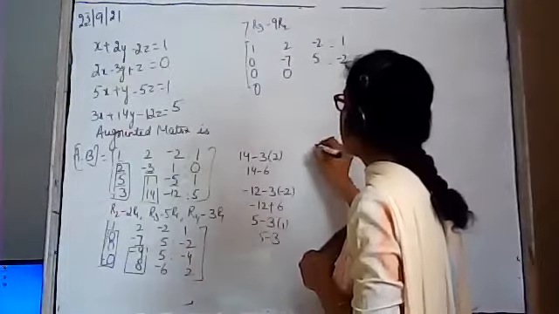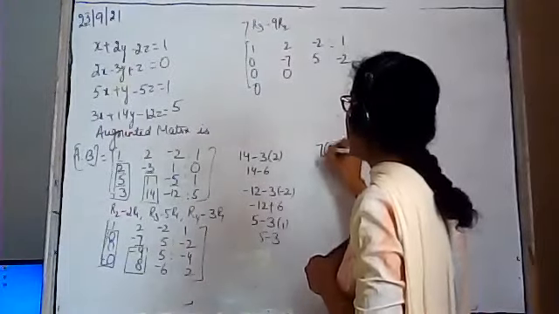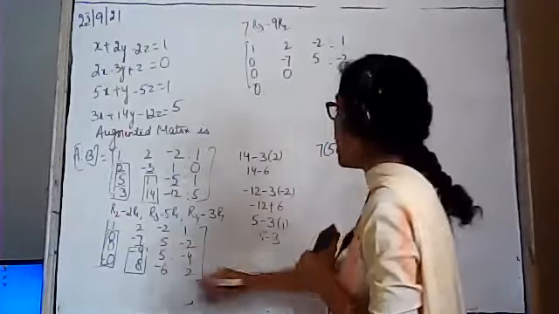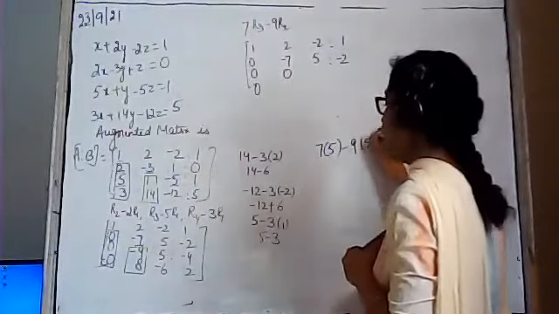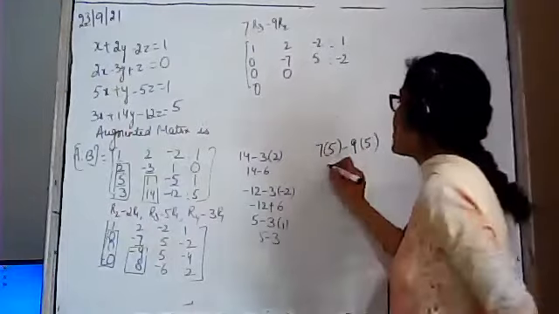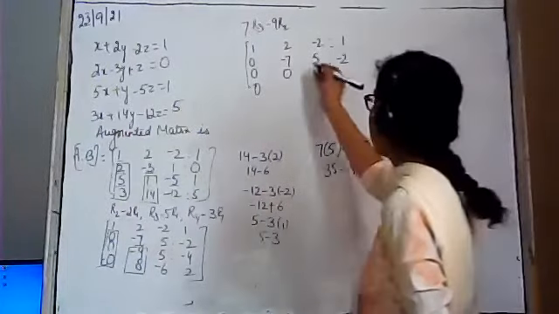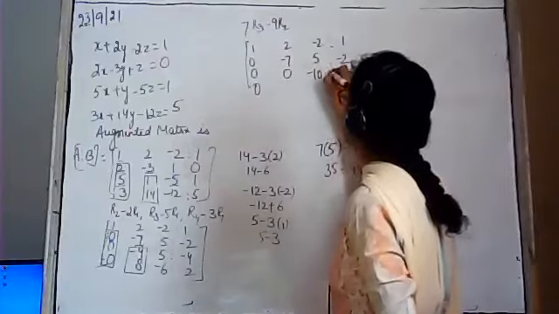7 times R3, that is 5, minus 9 times R2. R2 is again 5. 7 5s are 35, 9 5s are 45. 35 minus 45 will be minus 10.